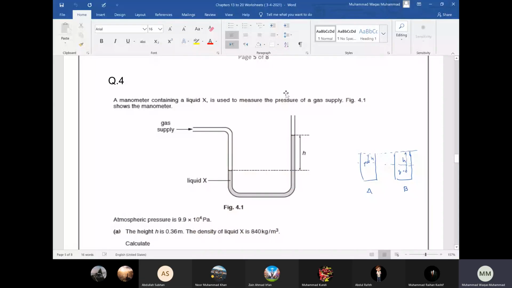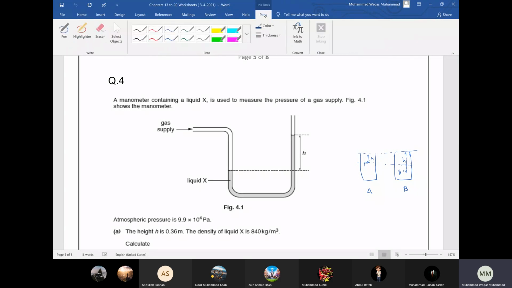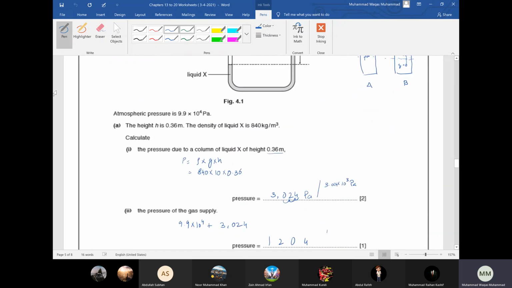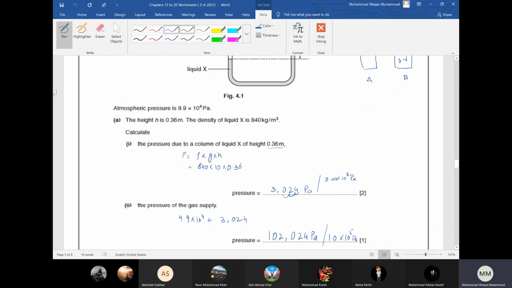Beta, question number 4 is that a liquid manometer contains a liquid X, and it is used to measure the pressure of a gas supply. Beta, I actually explained this. We did the first part, subpart 1 of part A. Then we just had to calculate the pressure due to the liquid column of liquid X. So we simply find the liquid pressure using the formula rho gh.